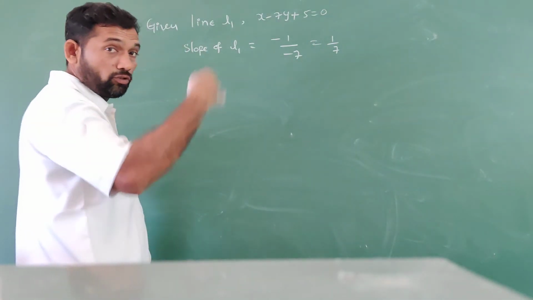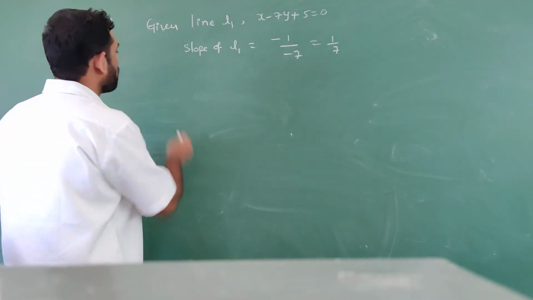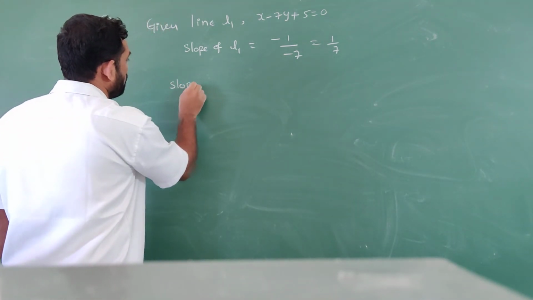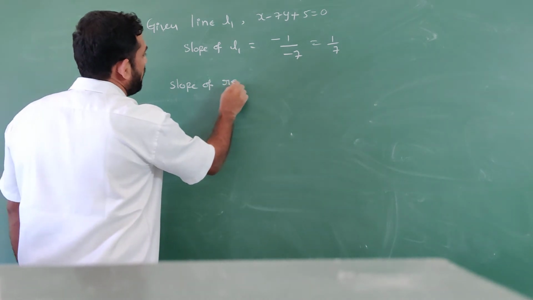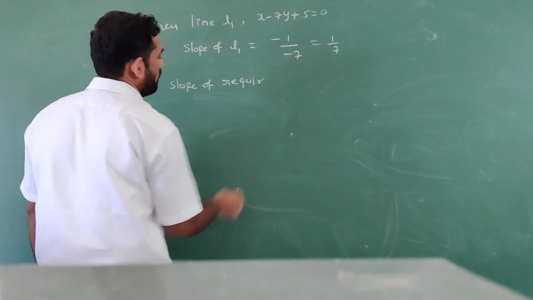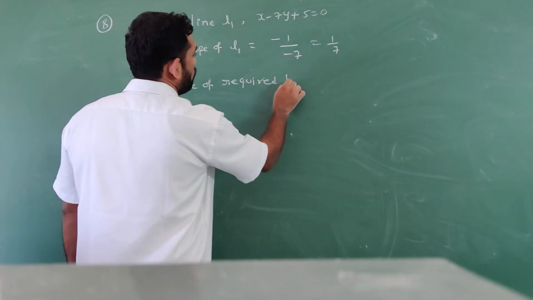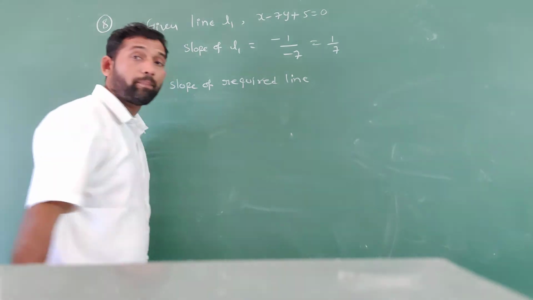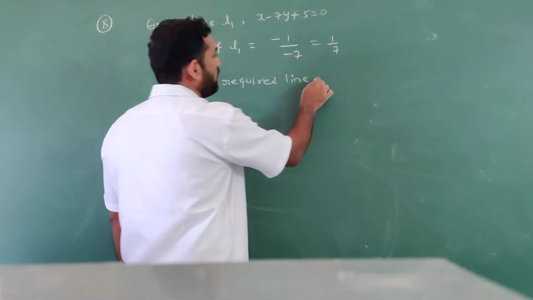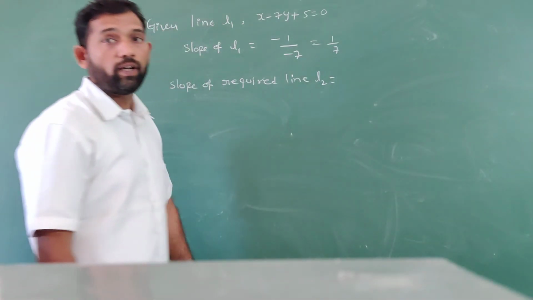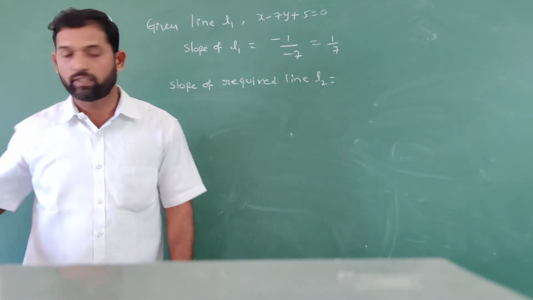Next one, slope of the required line. The required line is what? Perpendicular line. Slope of the required line L2: L1 is perpendicular to L2.